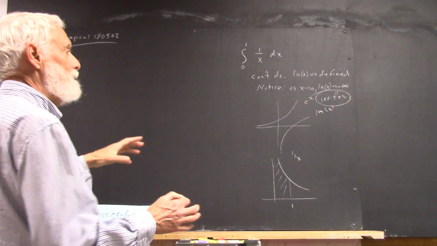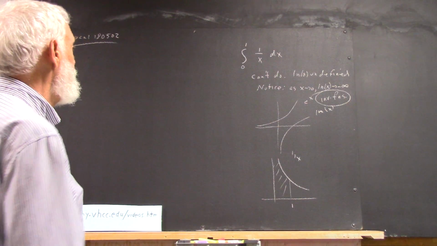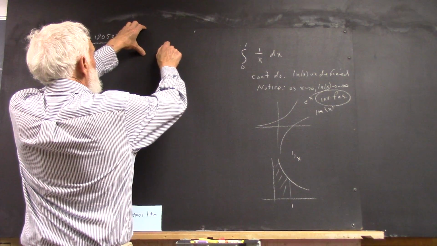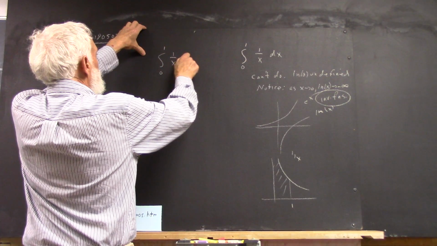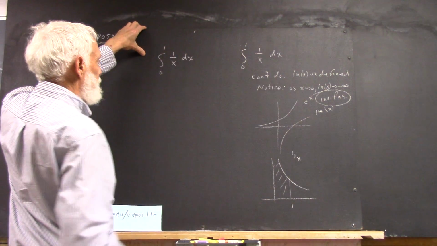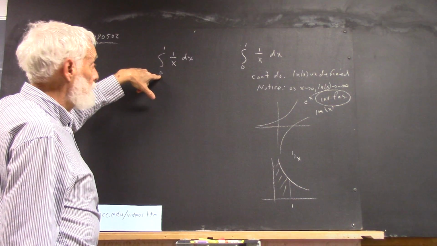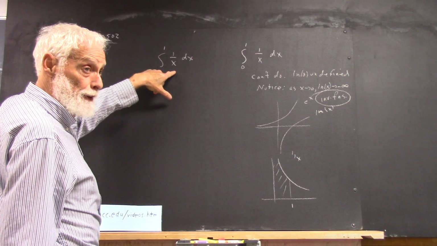Okay, so let's be a little more specific, okay? 0 is a point at which your antiderivative is undefined.